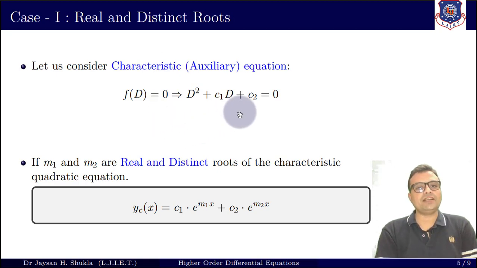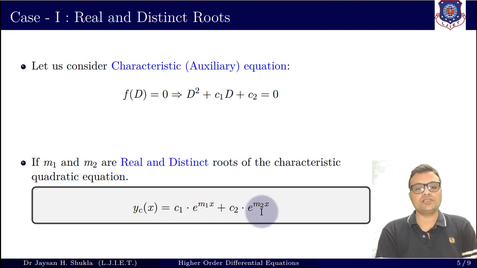Now, if I factorize this and receive two real and distinct roots, namely m1 and m2, then the corresponding complementary function is denoted by yc of x, and it is given by c1 times e raised to m1 x plus c2 times e raised to m2 x.